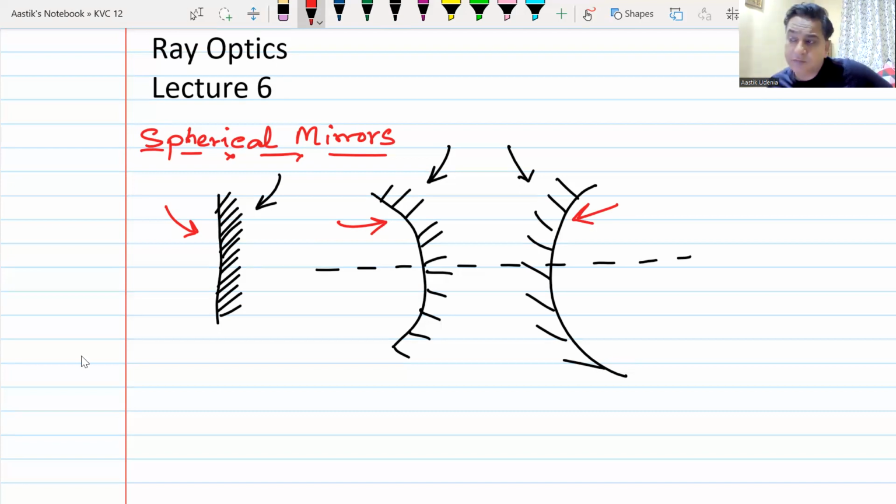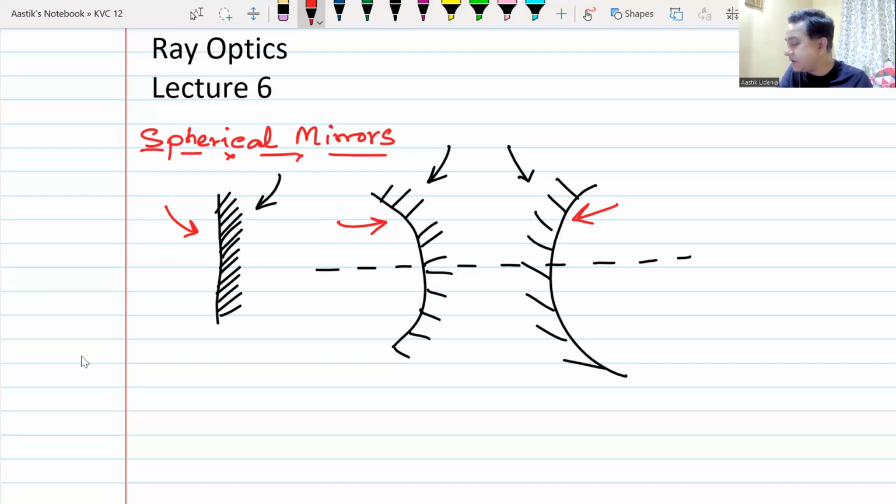Now, before going into concave and convex mirror, we must understand why they are known as spherical mirrors. Can anyone tell me? And I know you must be knowing it. Why are these mirrors known as spherical mirrors?